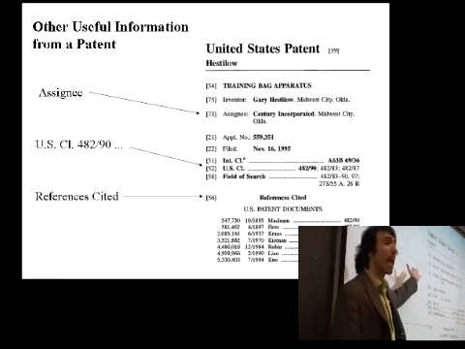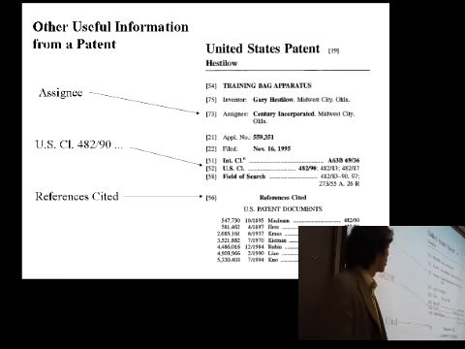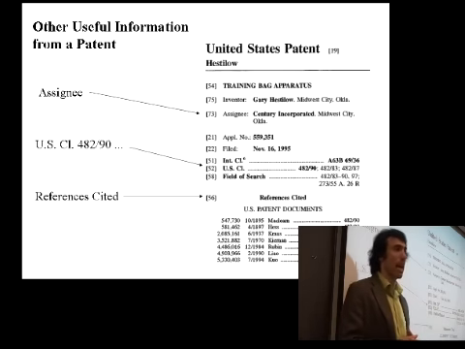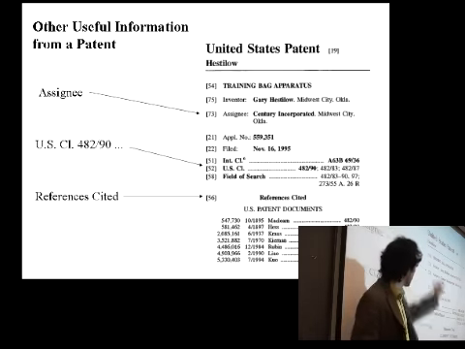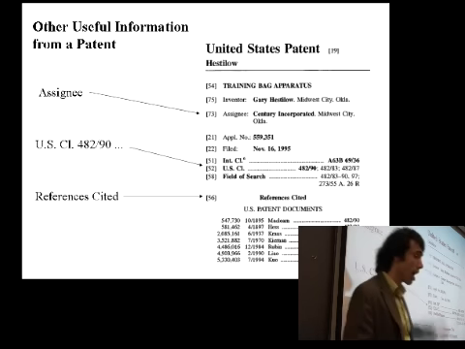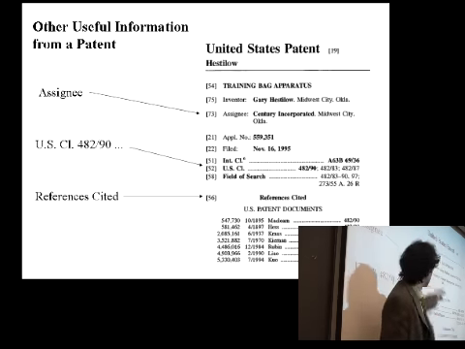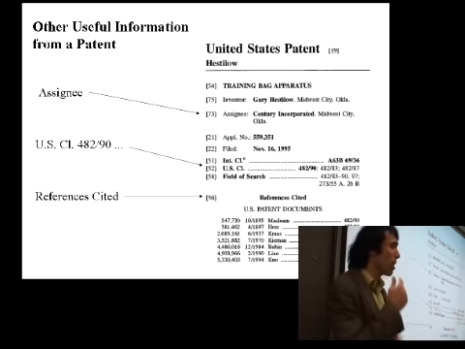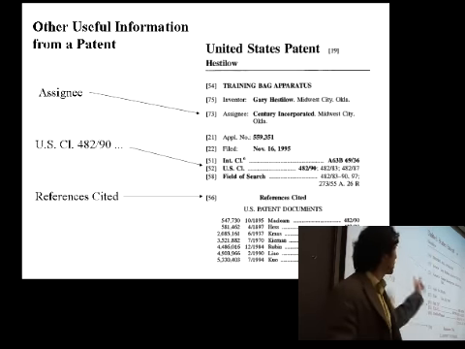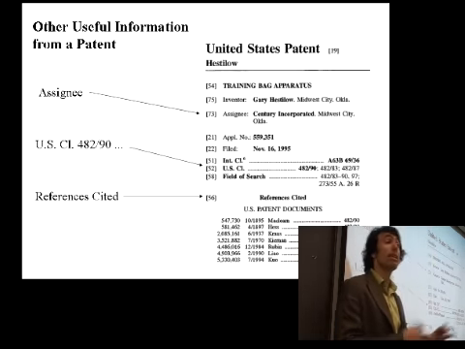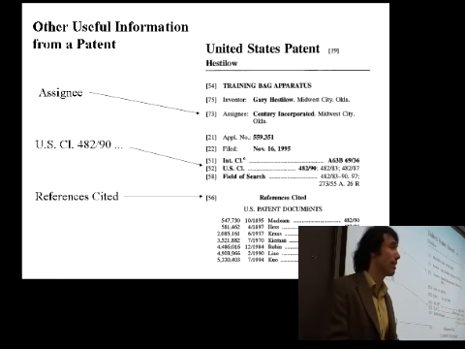Now, not all patents have assignees, but many of them do. So let's say I invented a punching bag, and then I search and I find this, and I say, there's an assignee, Century Incorporated is what that says. Then I could say, well, if that company owns this punching bag patent, maybe that's the kind of company that would be interested in the gizmo I've just invented.